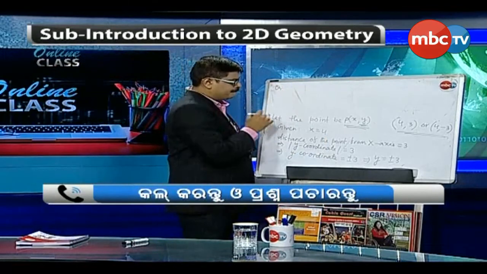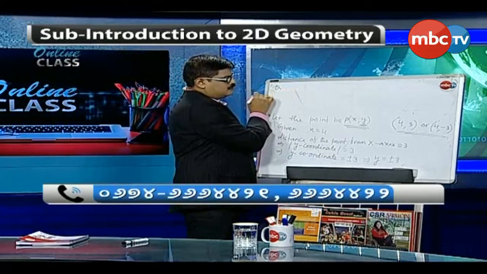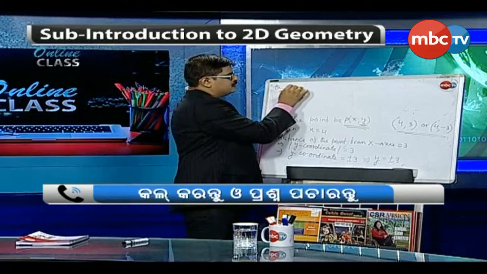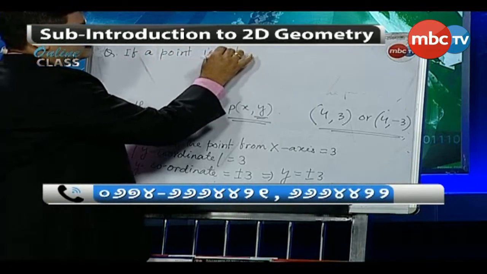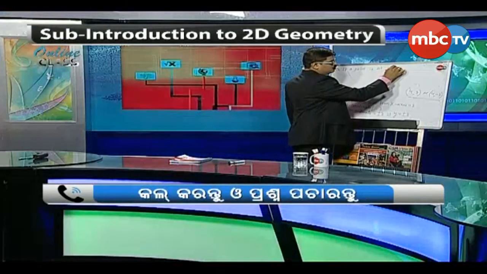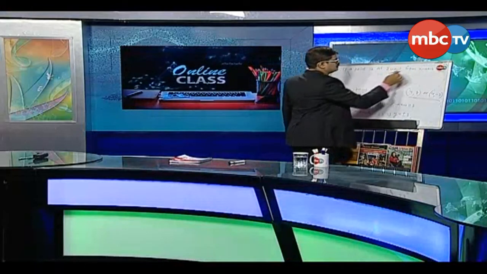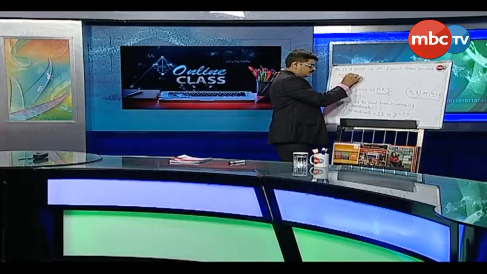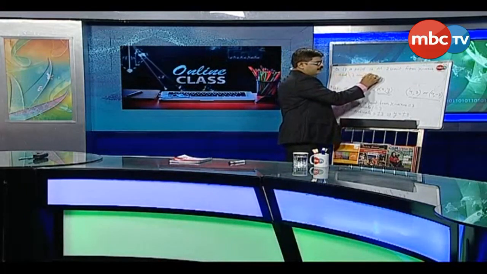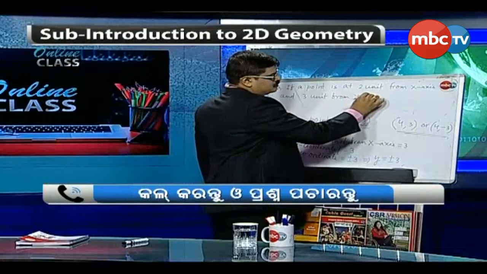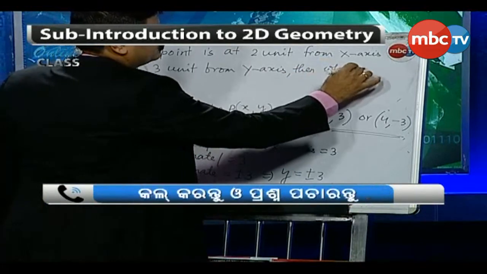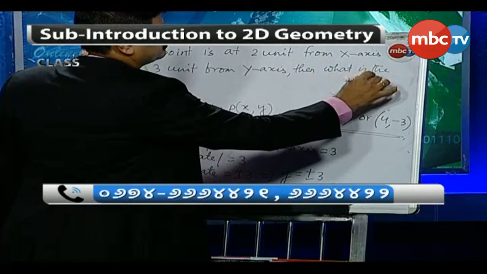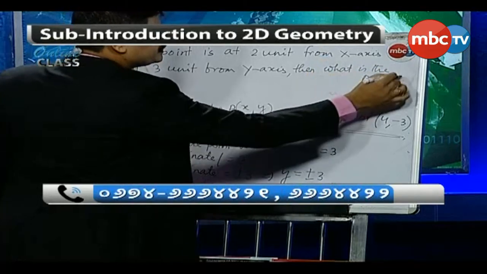Now suppose a point is at 2 units from x axis and 3 units from y axis, then what is the point, or what are the points?